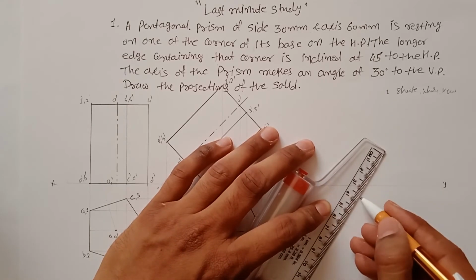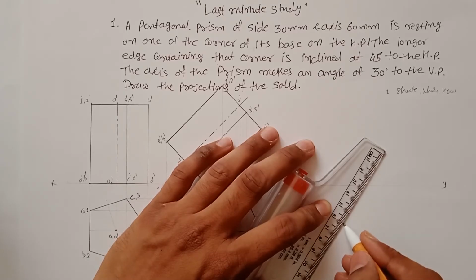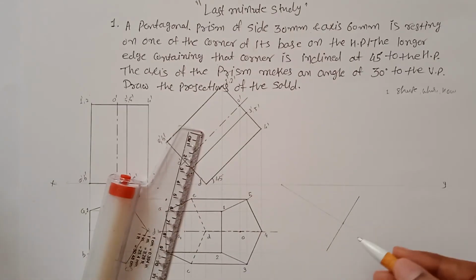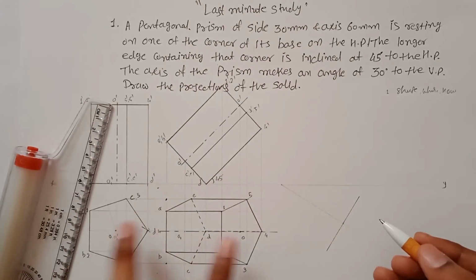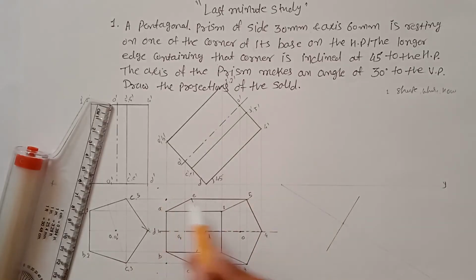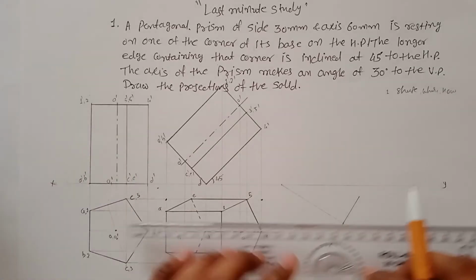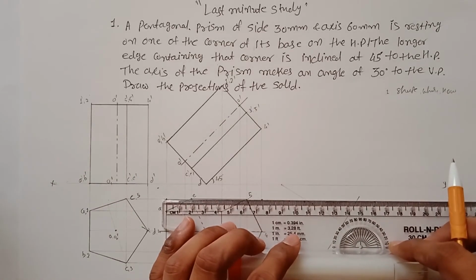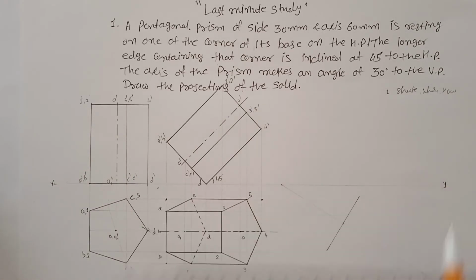So 2.4 is somewhere here, and 2.4 is somewhere here. So this is the line, it is like this. Now draw this line from this point to this point here. So measure it. This point is around 7.4.